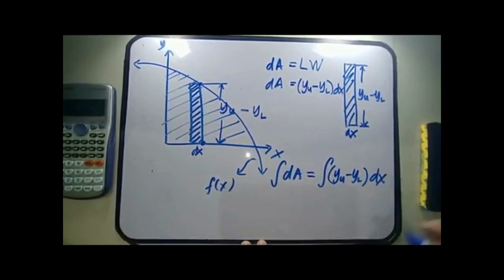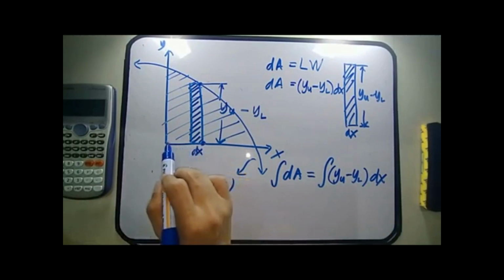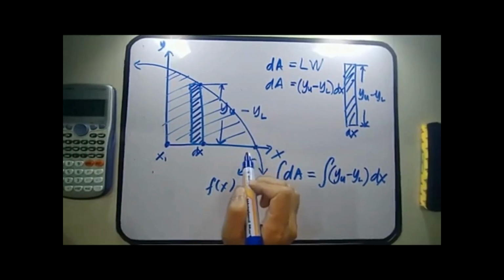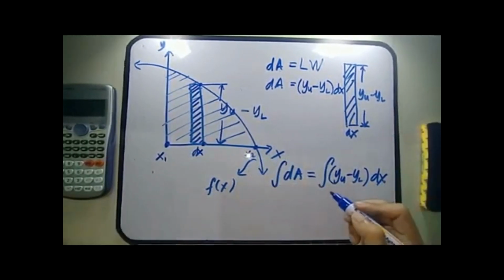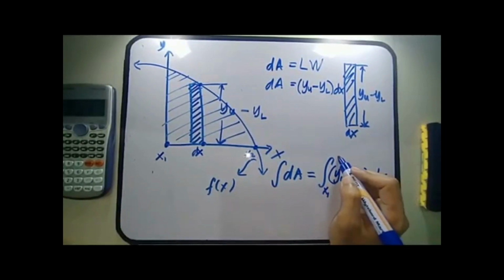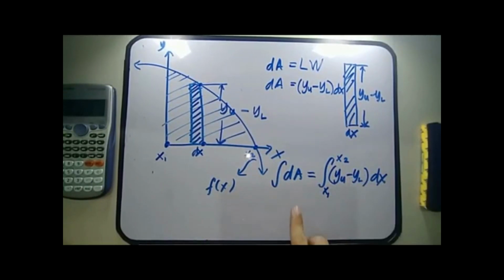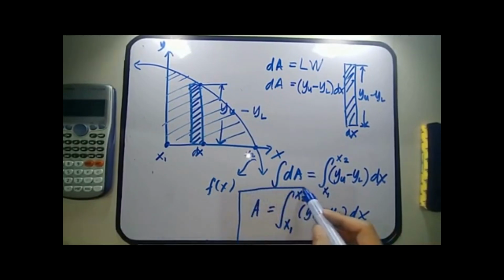Since we have differential of x, our limit will be x sub 1 to x sub 2, the boundaries in the x-axis. So our area is the definite integral of y upper minus y lower differential of x from x sub 1 to x sub 2. This will be our area if you're dealing with a vertical rectangular strip.